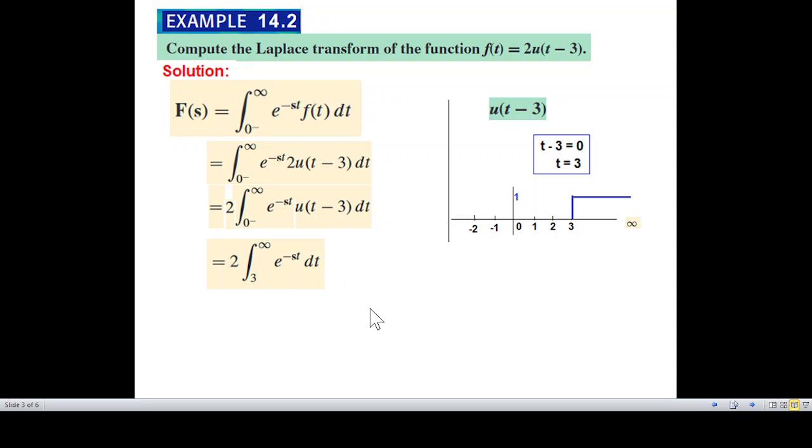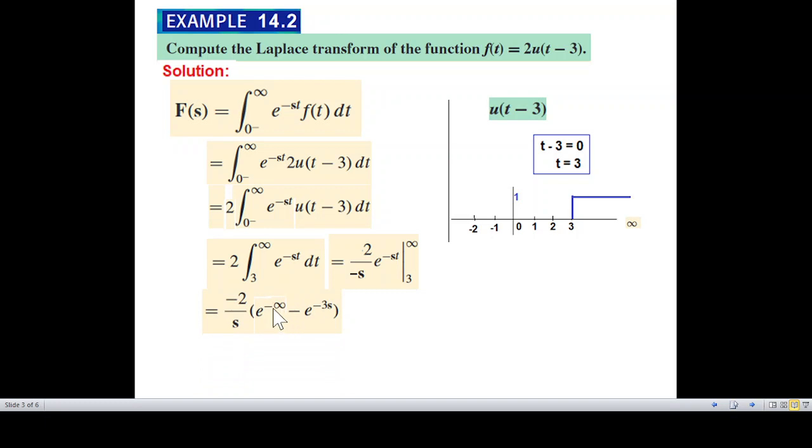Now we'll take the integral of this, and I hope you know the integral of e raised to the power minus at is 1 divided by minus a. In our case minus s, so 1 divided by minus s. That will be 2 divided by minus s, e raised to the power minus st, and we'll put in these two limits.